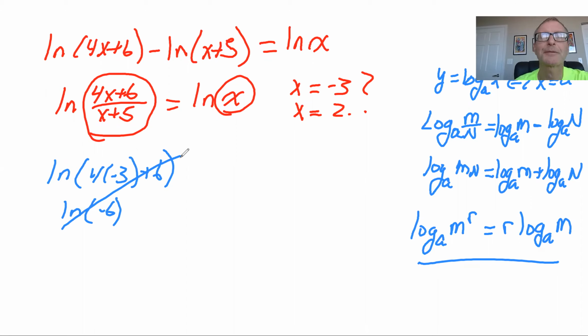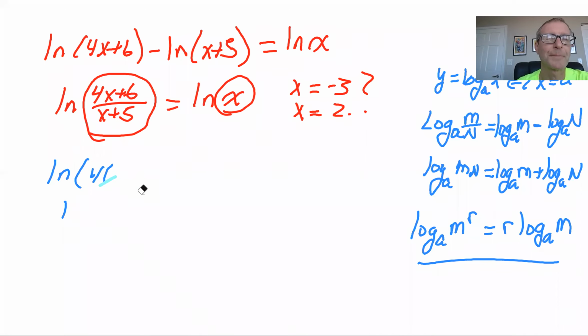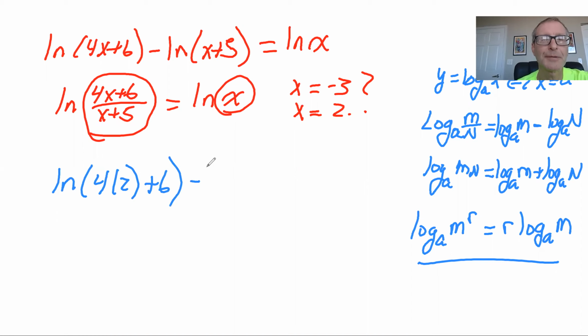That does not work, so we do not have to worry about the minus 3. We hope 2 actually works. So it'd be 4 times 2 plus 6 minus natural log of 2 plus 5 equals natural log of 2.